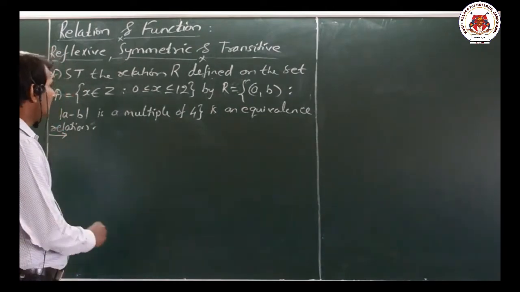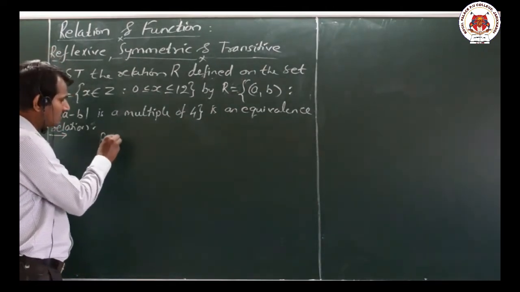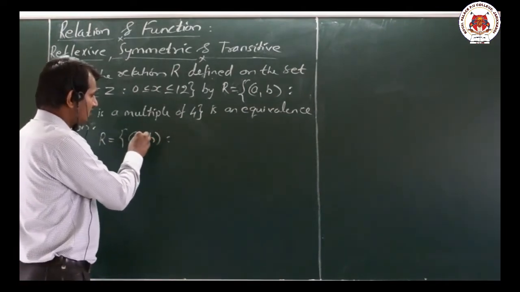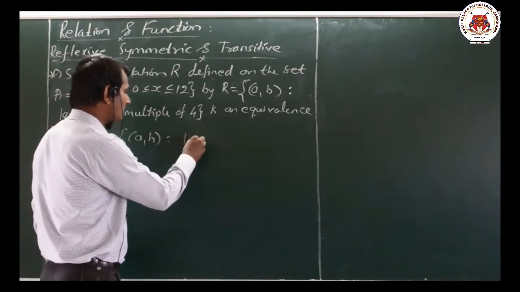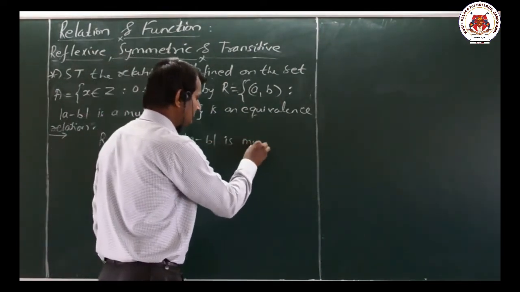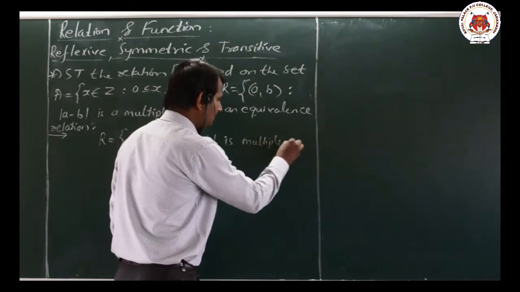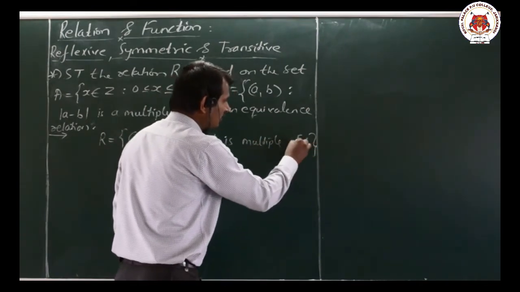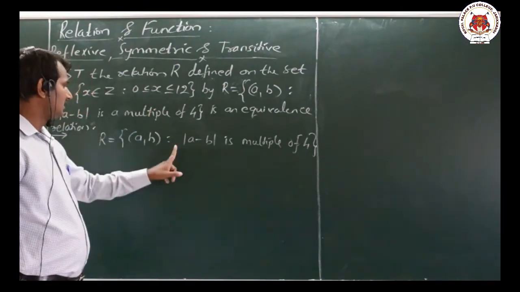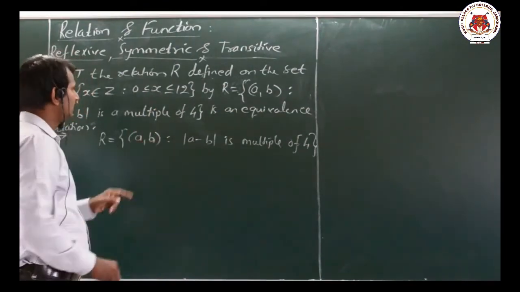Now let us write down the R once again. What is the given relation here? That is a comma b such that mod of a minus b is a multiple of 4. Now what do you mean by multiple of 4 here? I will give an example. Here the values for a and b take between 0 to 12.